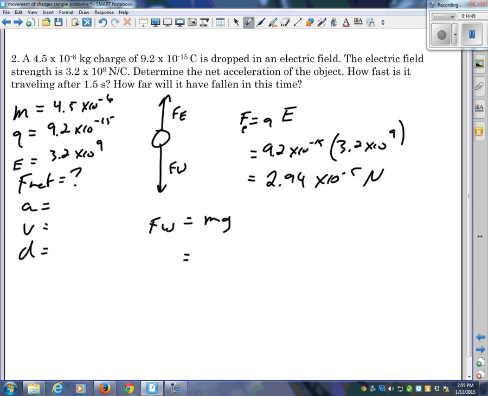The mass is this number here. Okay? Are they in the right ballpark? Are they the same order of magnitude? They are. That's good. That's a good news thing.